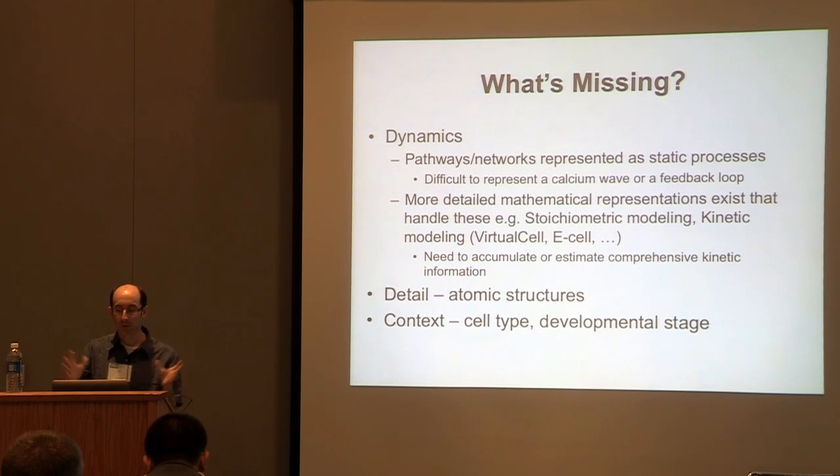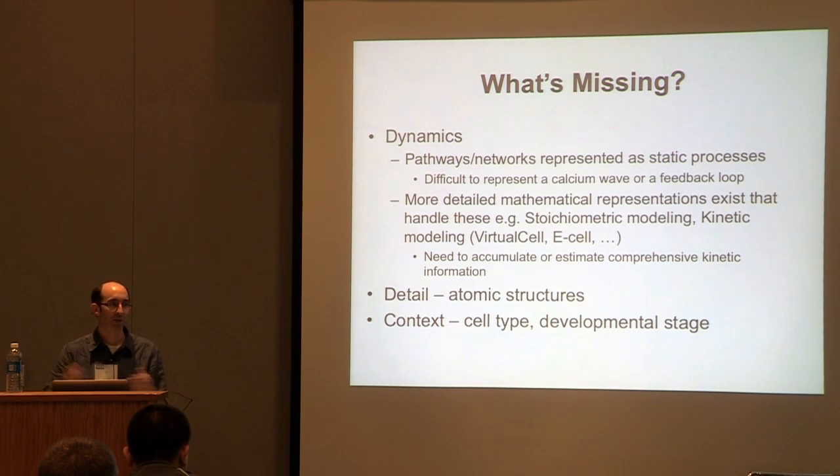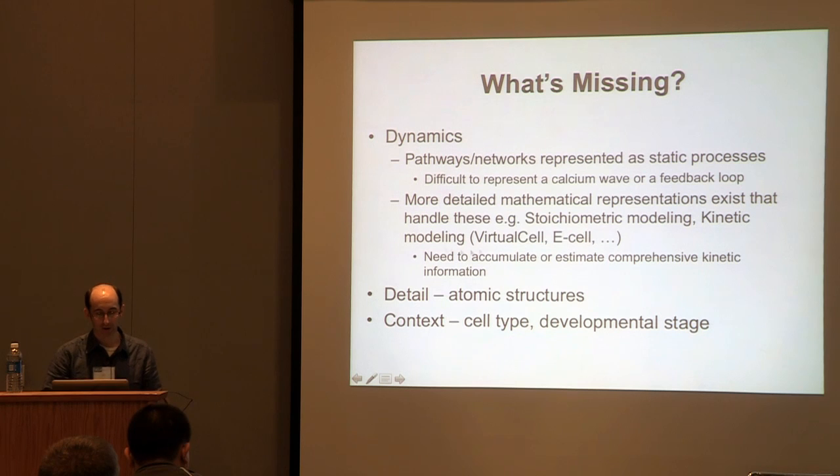Typically in network analysis we don't think about things in that way, and one of the reasons is that we're often working with large networks and we want to say something about all the genes in the genome. We're interpreting genomic information, and when we're interested in that level of breadth, we don't have kinetic constants for every protein that would allow us to do this kind of modeling.